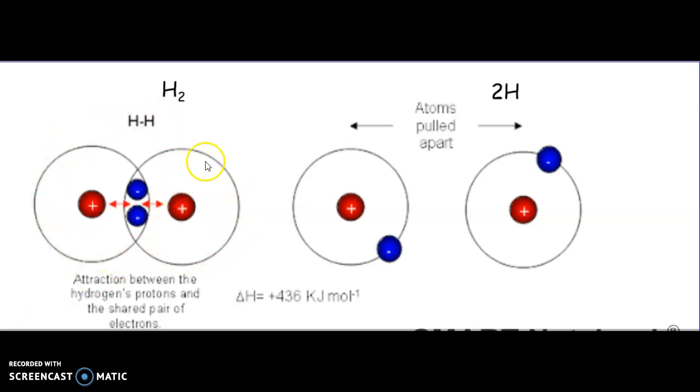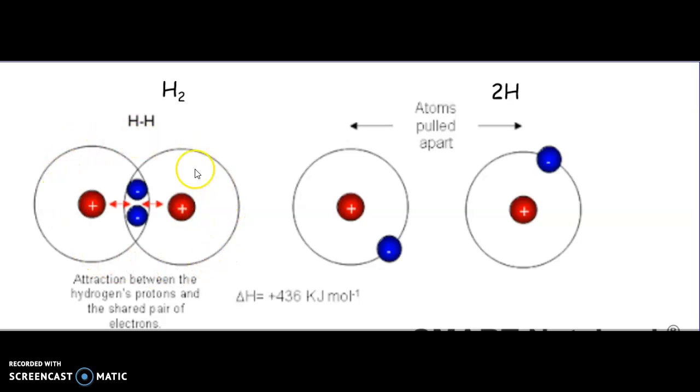On the left-hand side here, you see the hydrogen molecule. Hydrogen is one of 7 diatomic molecules that comes in pairs, and you can see here that the 2 hydrogens have a single proton, they each have a single electron, and they share it for some chemistry reasons that we don't have to get into right now.